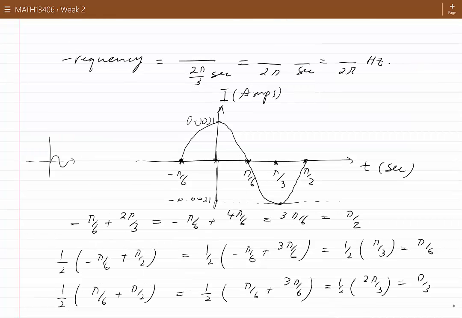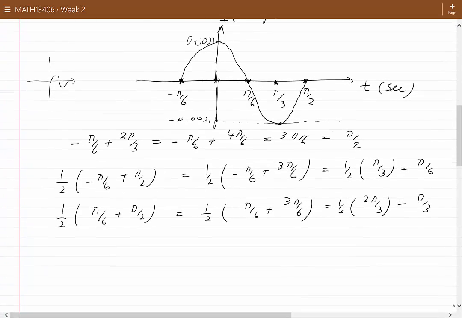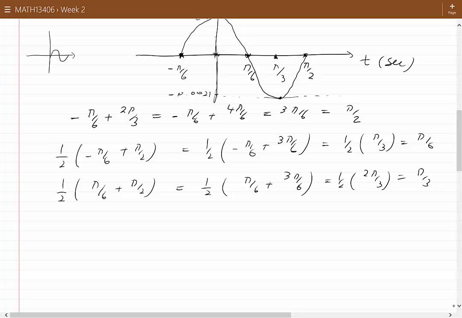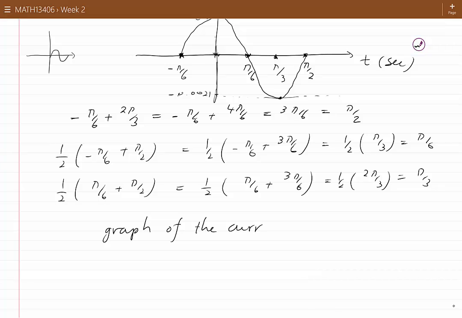Suppose now we are interested in the graph of the current on the time interval between 2 and 3 seconds.